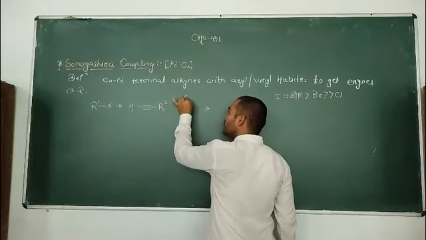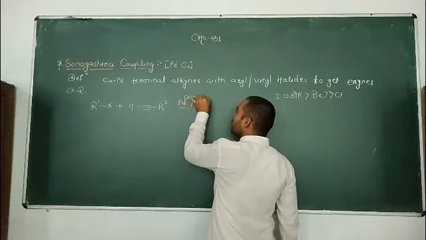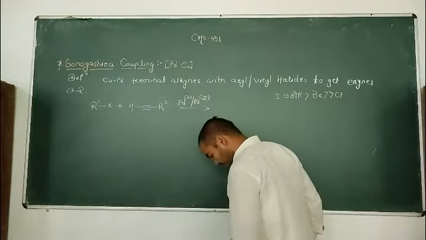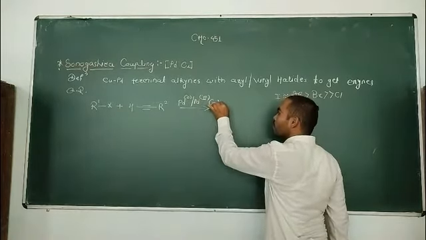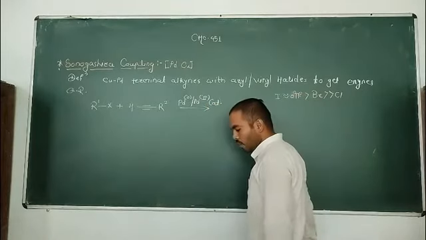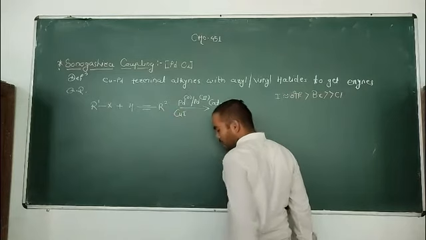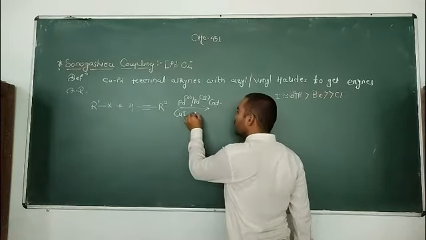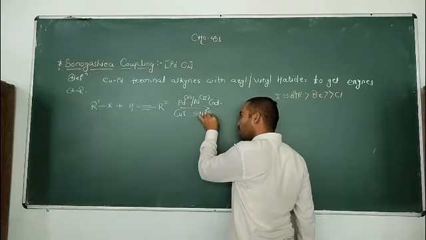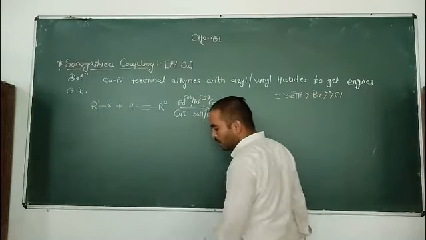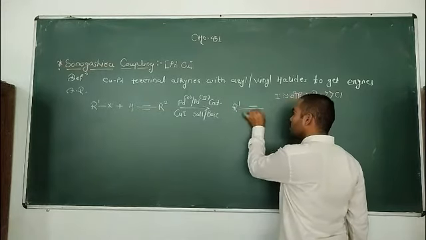Palladium 0 or palladium 2 is used as a catalyst, with copper iodide as a co-catalyst, and a base is also involved, and we get an enyne, the coupled product.